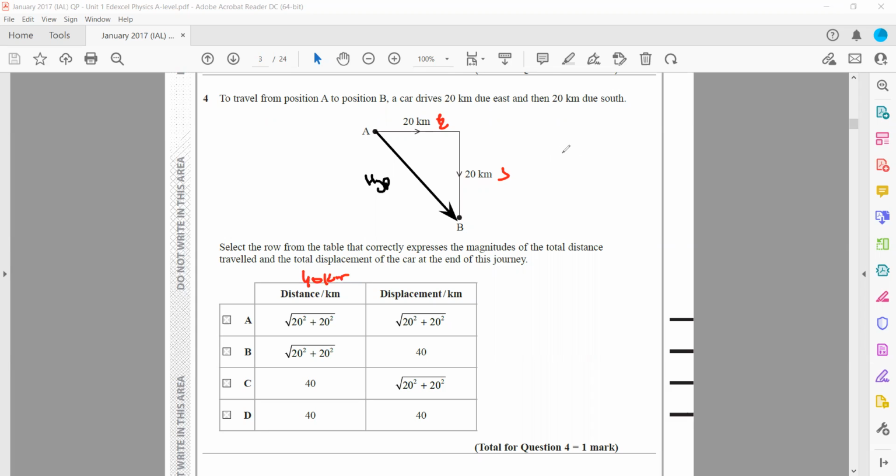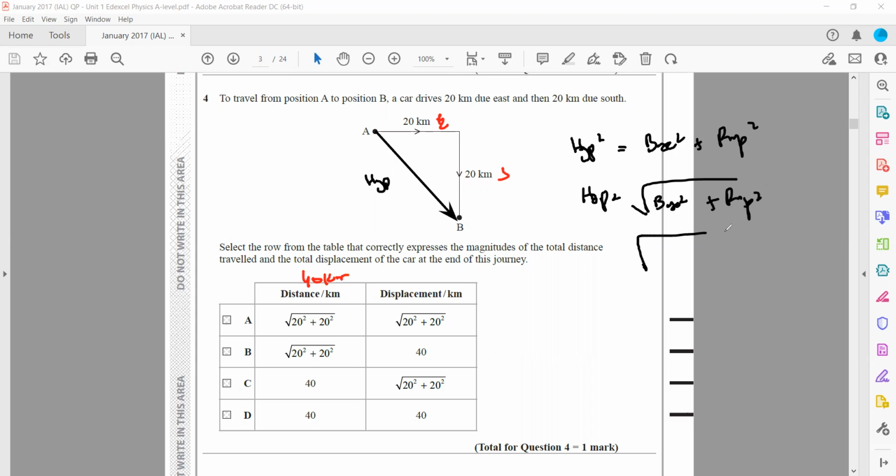According to Pythagoras theorem, hypotenuse square is equal to base square plus perpendicular square, or hypotenuse is equal to the square root of base square plus perpendicular square.